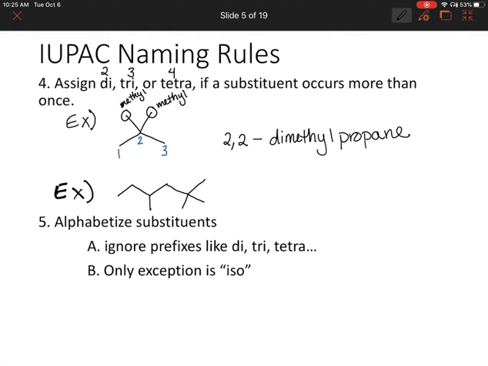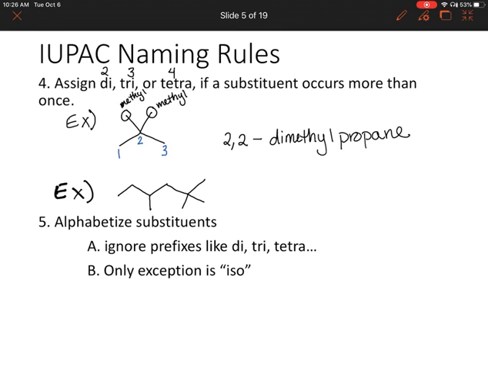And then also give them a prefix if there's more than one. Okay. So again, pause the video if you're still working on naming this molecule. But let's go over this together.